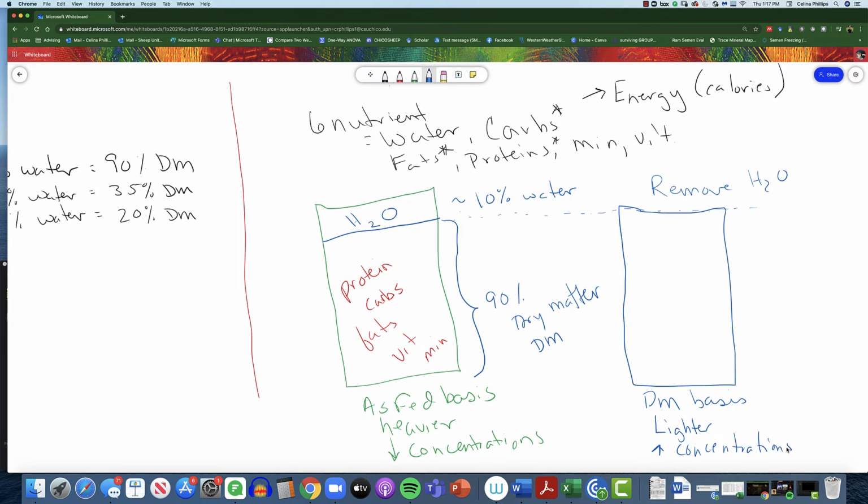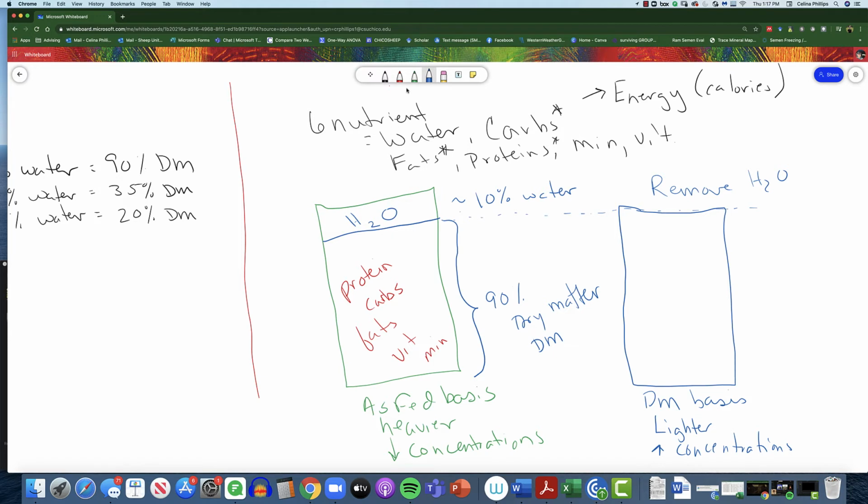So, for example, if the hay was 15% protein on an as-fed basis, we would expect that protein value to be higher when we remove the water and affect the concentration of those nutrients because of that dilution factor.